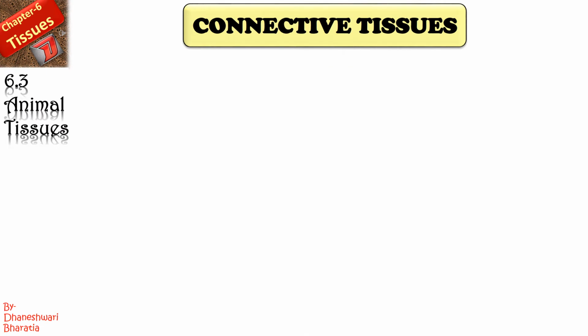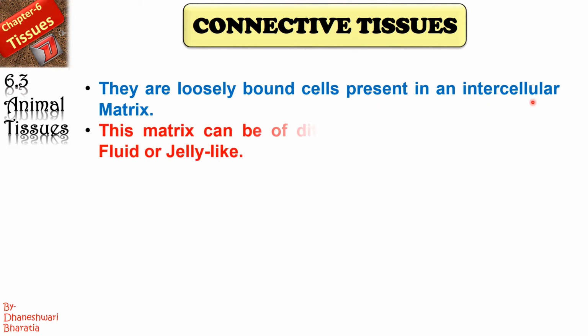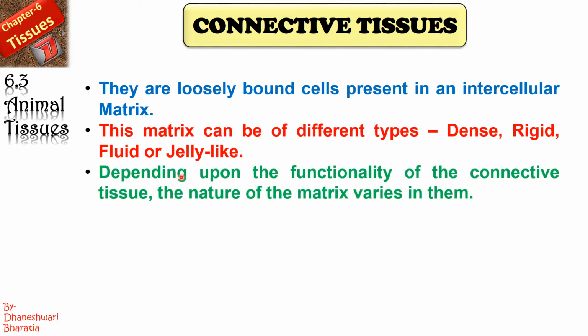The name itself tells that some connectivity is there, right? So these tissues are made up of loosely bound cells in the intercellular matrix. This matrix can be of different types. It can be dense, it can be rigid, fluid or jelly-like. And depending upon the functionality of the connective tissue, the nature of the matrix varies in them.